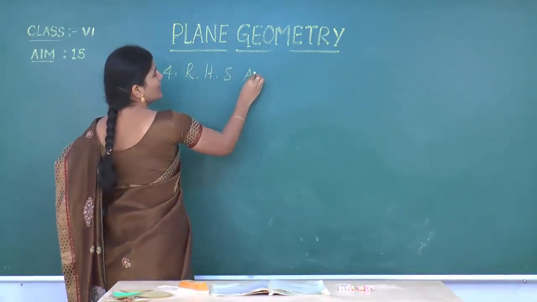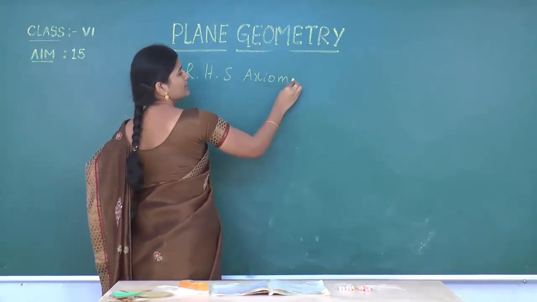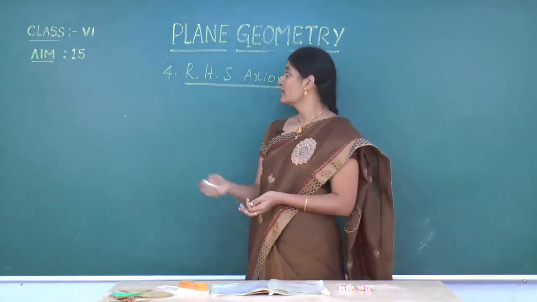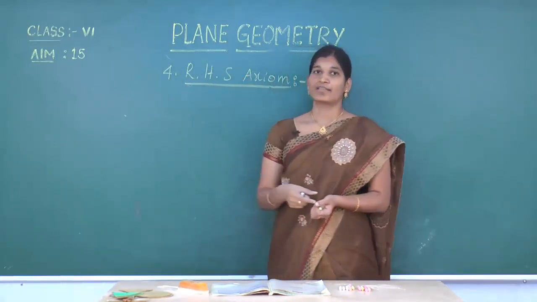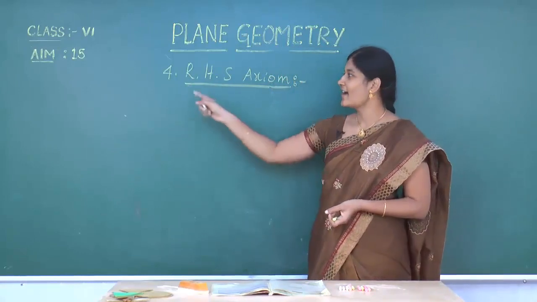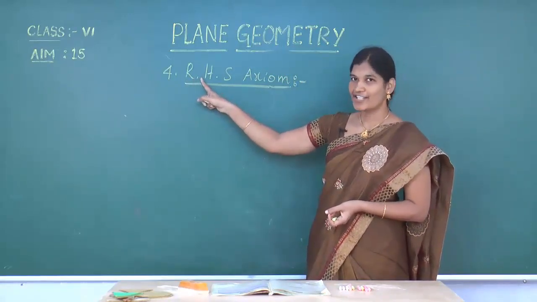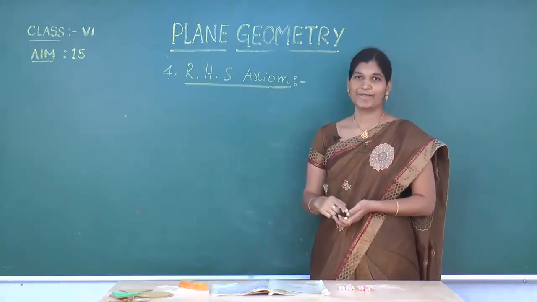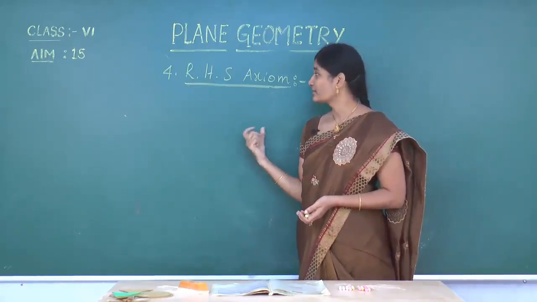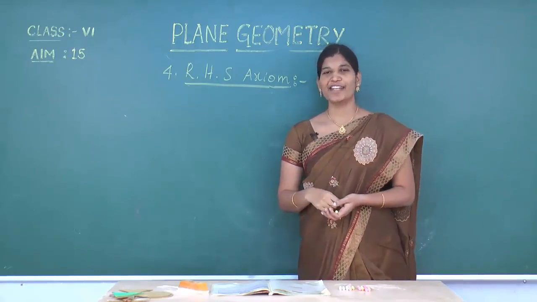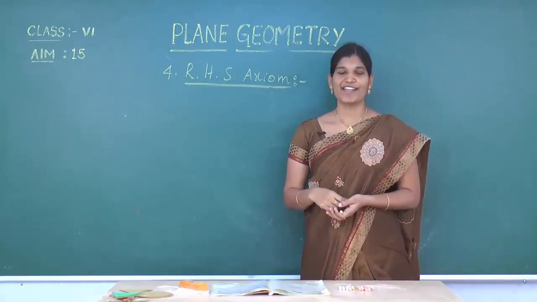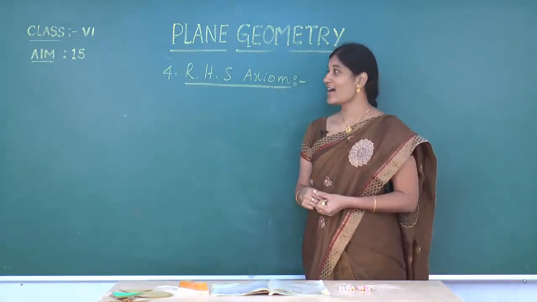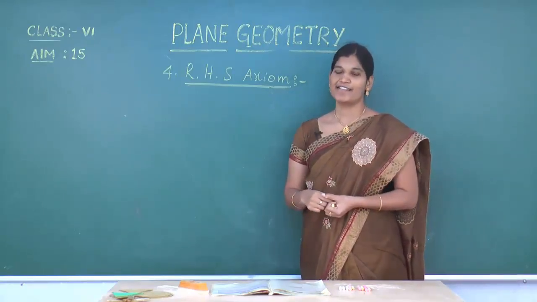Here the definition itself says R means right angle triangle, H stands for hypotenuse, and S stands for side. So in this axiom we are going to take two right angle triangles only. This property is applicable for right angle triangles. Why? Because here R stands for right angle, that's why.